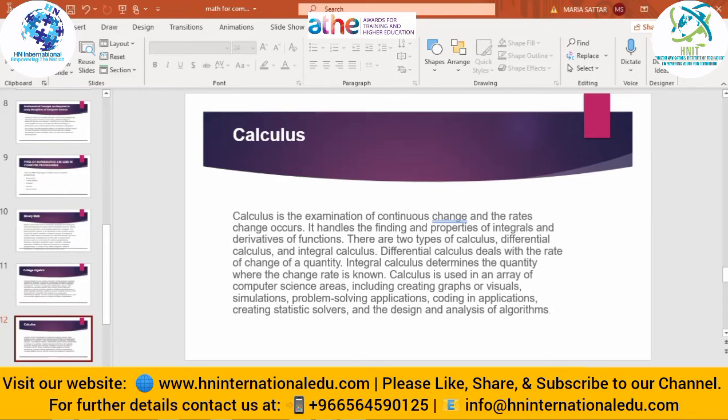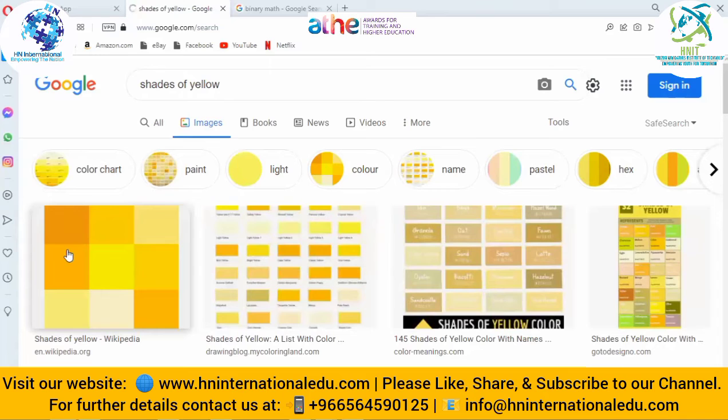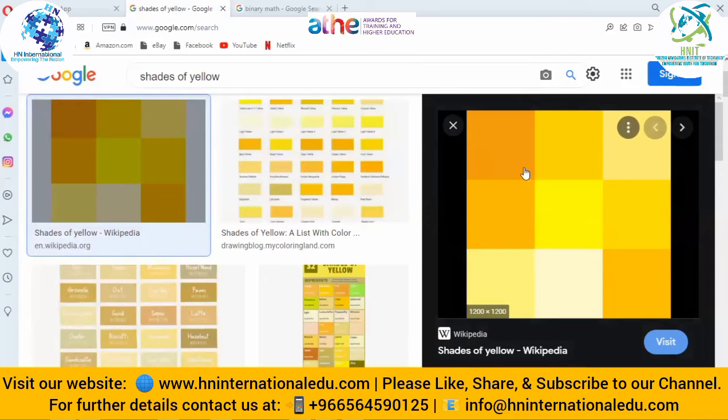For example, I show you two yellow colors, and I say this is a palette. I ask, Huma, is this yellow color different from this yellow color? Yes, miss, they are different. Now I ask you to calculate the difference between these shades, how these shades are different.